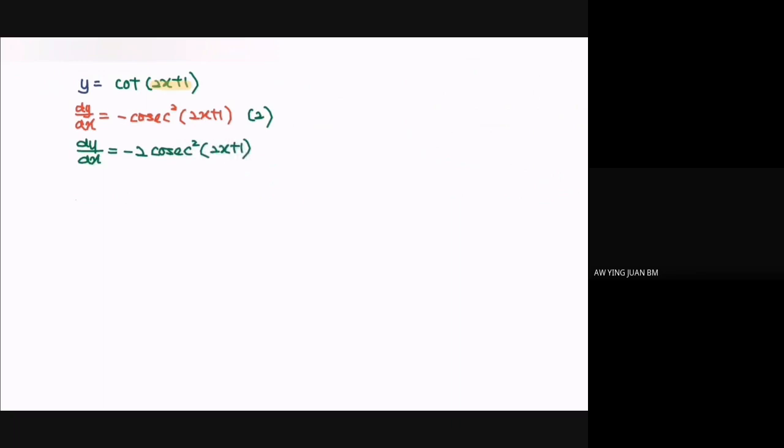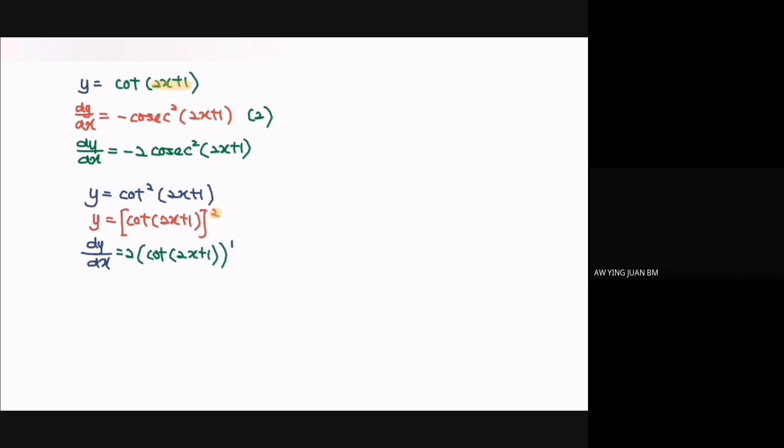Next, given the situation, y equals cotangent squared (2x plus 1). Kindly rewrite the situation: y equals cotangent (2x plus 1), where we have the power 2. Differentiate y with respect to x. First, focus on the external, and we will have 2 cotangent (2x plus 1) power 1.